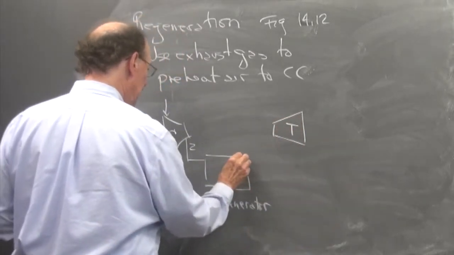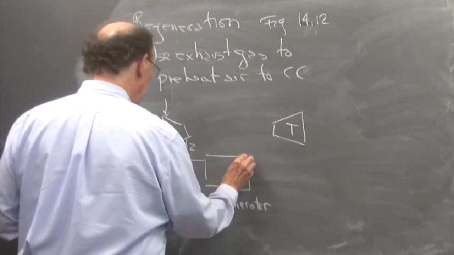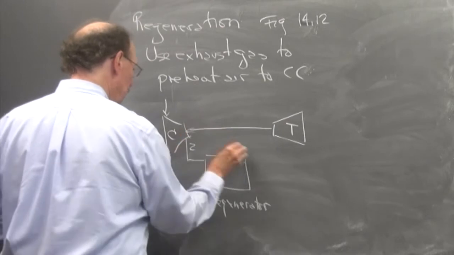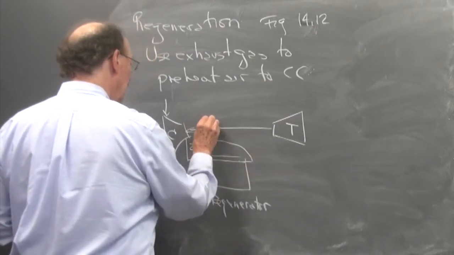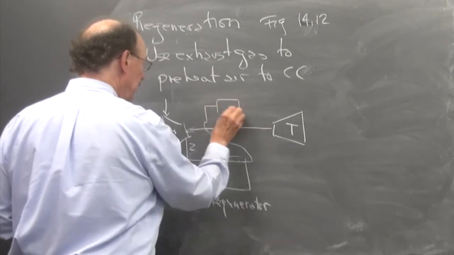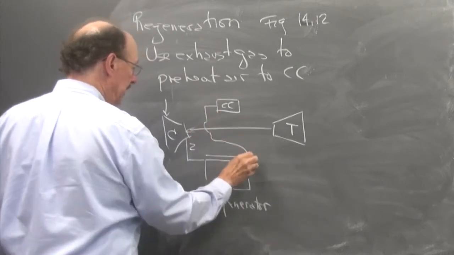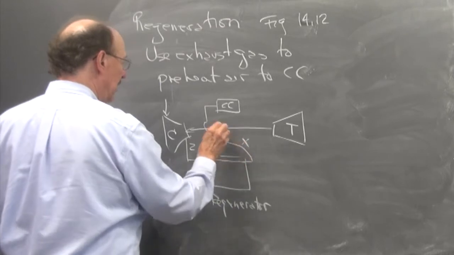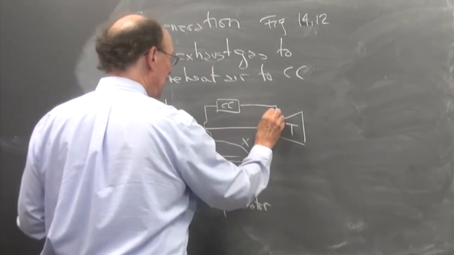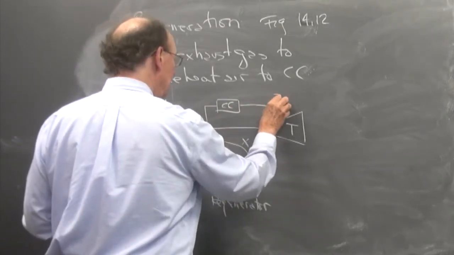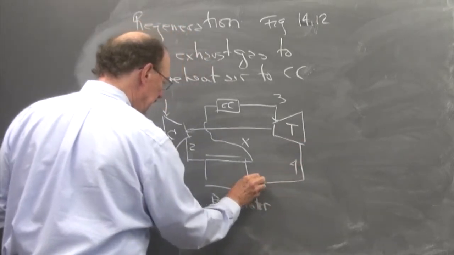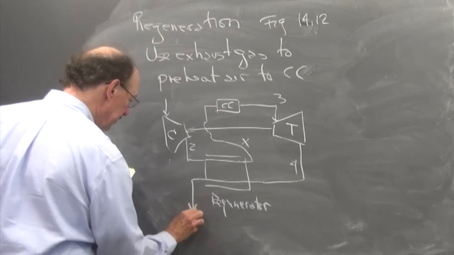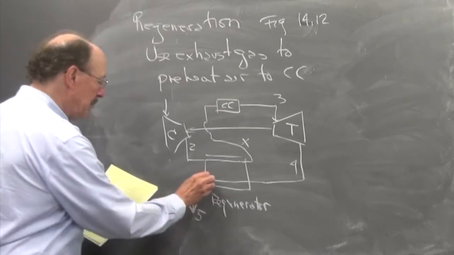So it's going to come out here, and so I have the turbine work going back. It's going to come out here and go back into the combustion chamber. And this is coming out at X. I don't know what it is. It's going to come out of the combustion chamber at 3, come out of the turbine at 4, and go through the regenerator, and come out at 5.